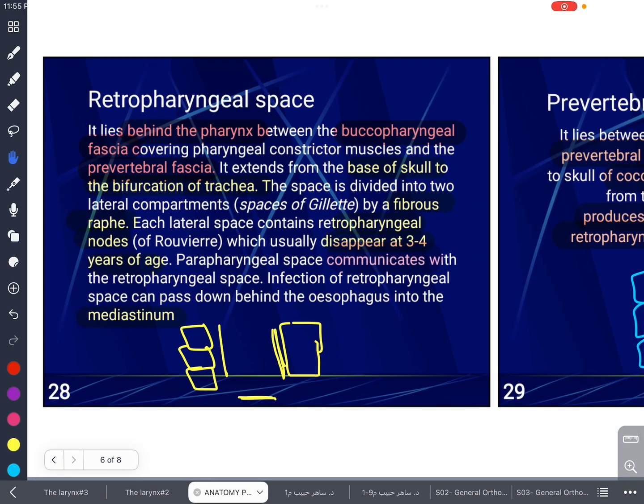We're going to talk about the retropharyngeal space. The retropharyngeal space lies behind, as its name says: retro means behind or posterior. It lies behind the pharynx, between the buccopharyngeal fascia and the prevertebral fascia.